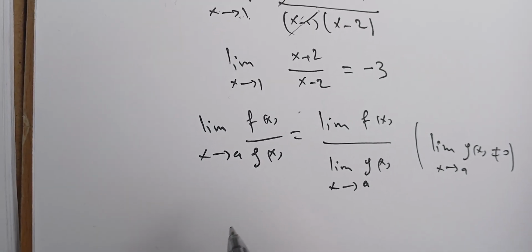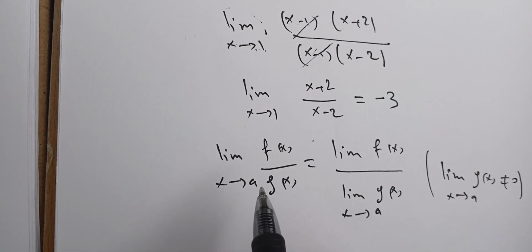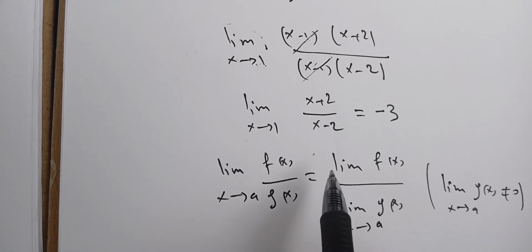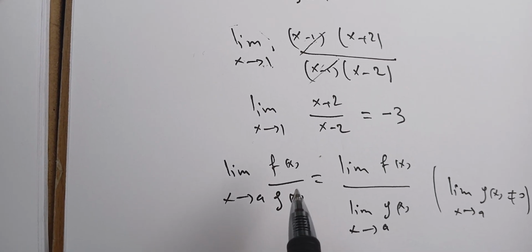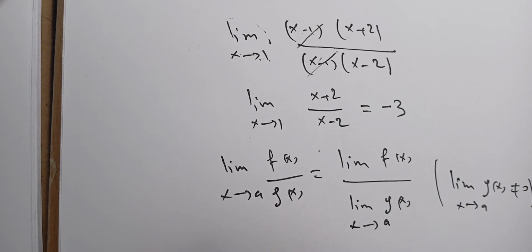And that's what we do when we do the evaluation. So it doesn't violate the rule. It's just another way, we can write it another way and find the value.